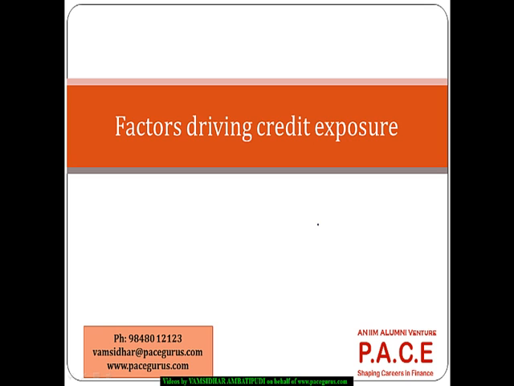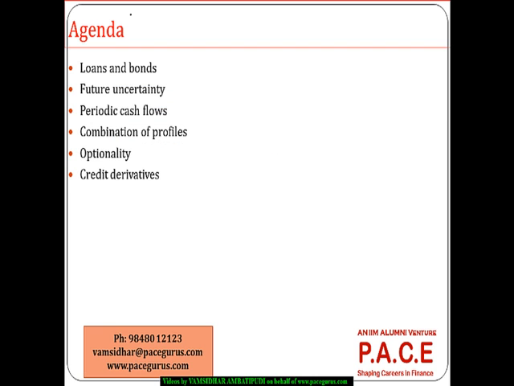Now let's talk about the different types of factors that will drive credit exposure, wherein we'll spend some time seeing how credit exposure looks for loans and bonds. How does the credit exposure look for simple future uncertainties like forward contracts or plain vanilla options?